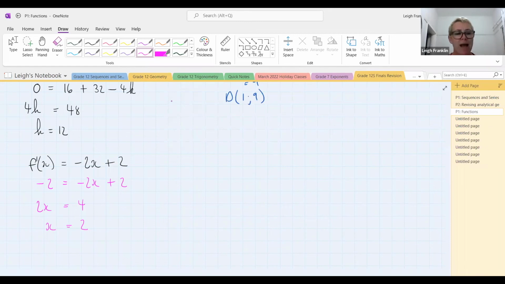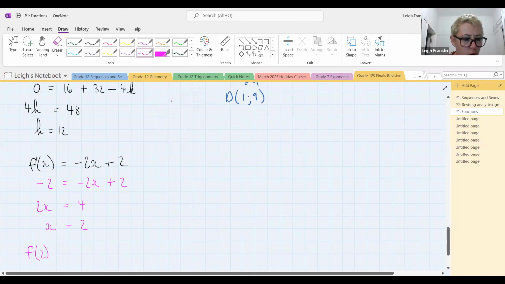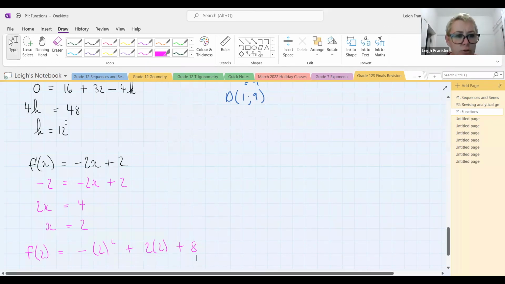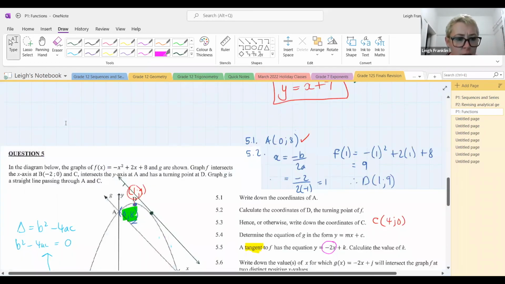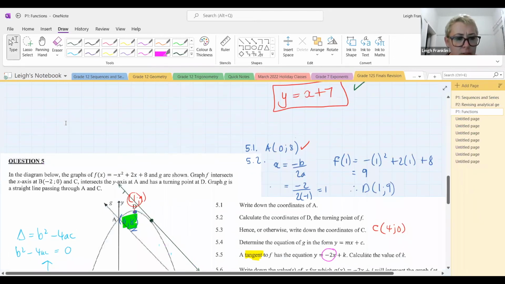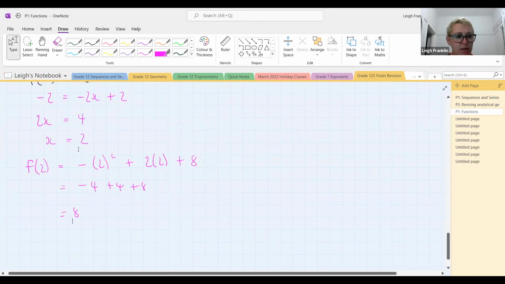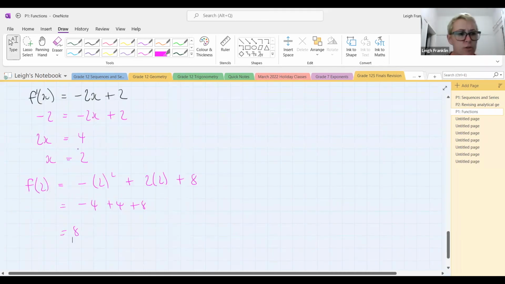Now that I've worked out the x, what I could do is work out f of 2 to get the corresponding y. So that would be minus 2 squared plus 2 times 2 plus 8. We're now subbing back into minus x squared plus 2x plus 8. That would be negative 4 plus 4 plus 8, so that would be 8. So in other words, what we've got is an x, a y and a gradient.